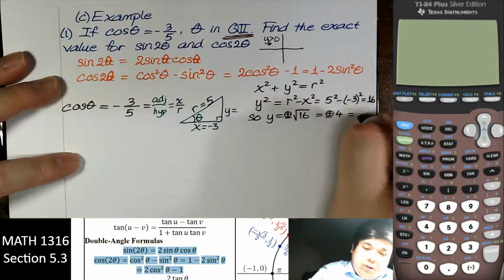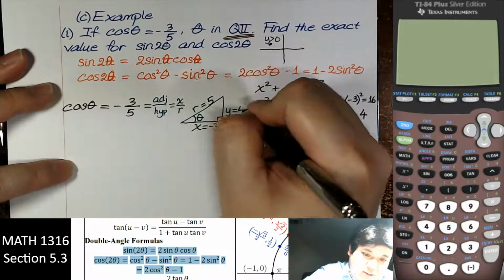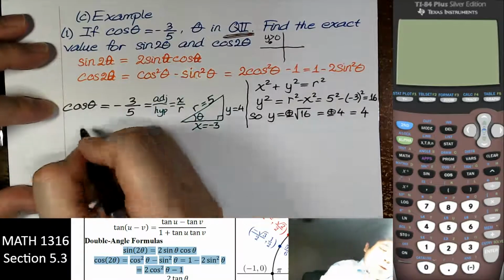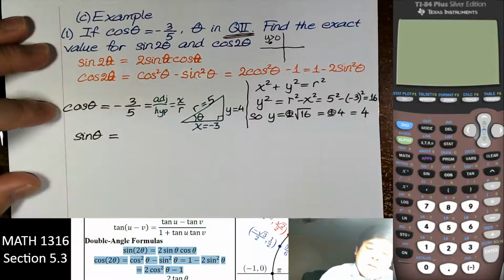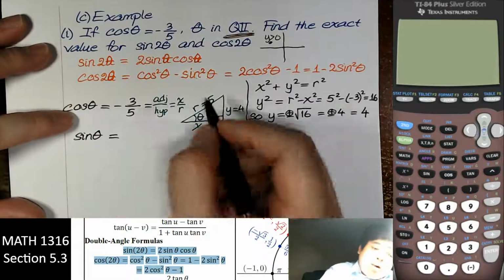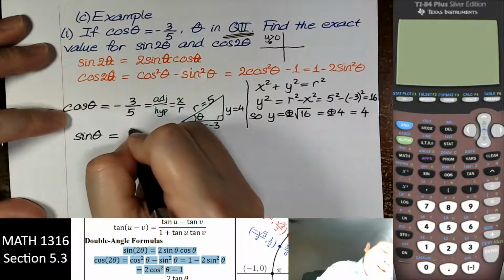So that's going to be 4. And finally, we need to solve for sine. Sine is opposite over hypotenuse, or y over r.